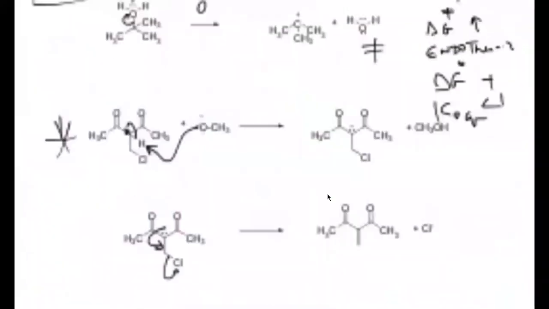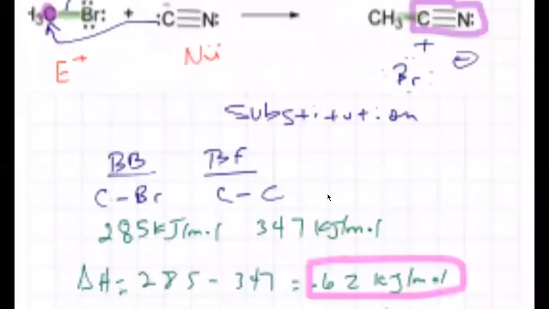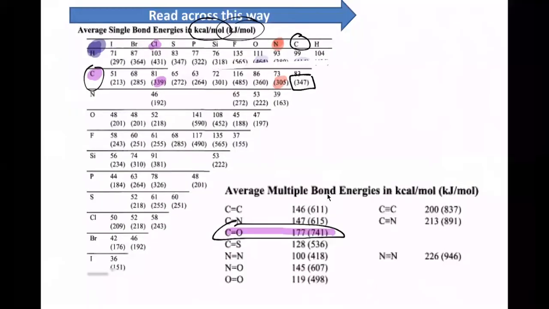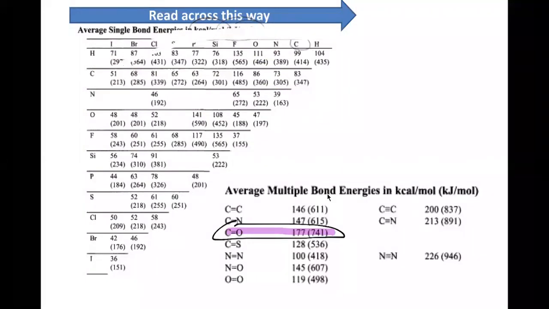Let's go up to our chart. So HBr, here we go. So the HBr bond is what? How do I read the chart again? Find H, find Br. Is that right? Mm-hmm. And it says right here that it's 364 kilojoules per mole.